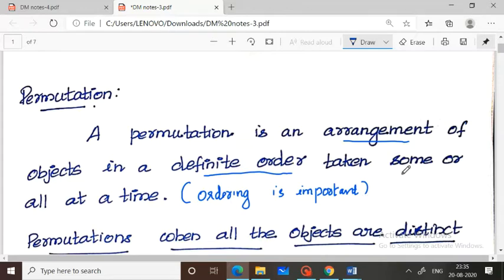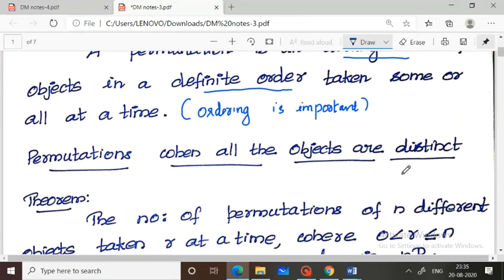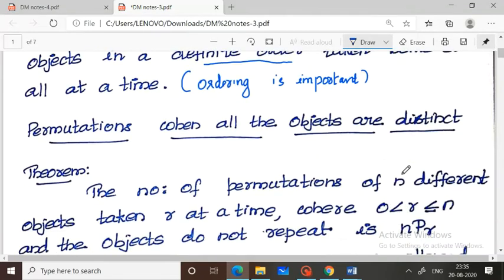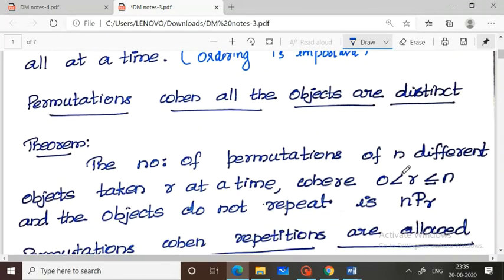So the next one is permutations when the objects are distinct. That means repetition is not allowed. There is a theorem statement, you may have heard about it. The number of permutations of n different objects taken r at a time. So n different objects are there, and the objects are distinct.